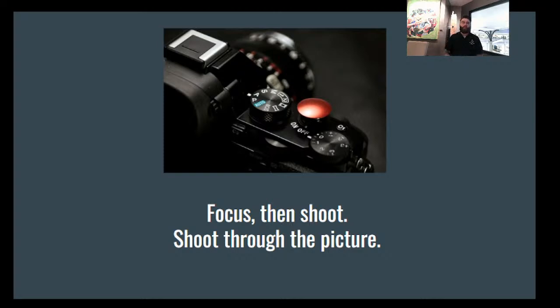Press that button all the way down, look at the image after you've taken it. You're shooting through the person, through the image, through whatever it is, to capture not just them, but everything around them. So it's not just one thing that you're taking a picture of. You're taking a picture of everything that's inside that frame, and you're shooting through it to get everything into that picture.